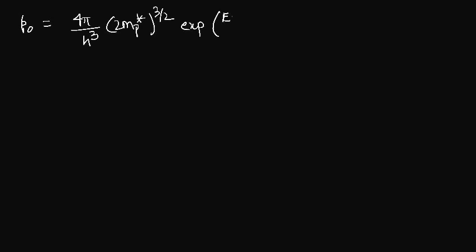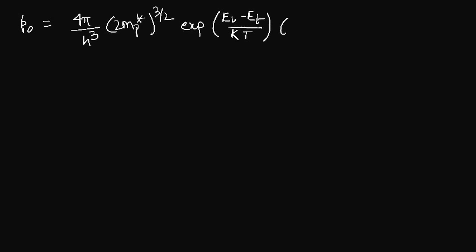Further simplifying, we can rewrite P naught as 4 pi divided by h cube, twice of mp star to the power 3 by 2, exponential of e to the power EV minus EF divided by KT.